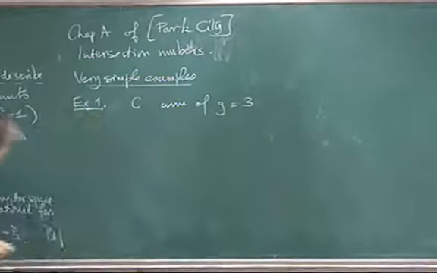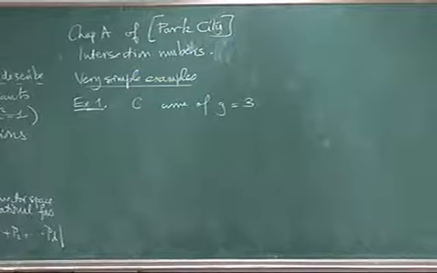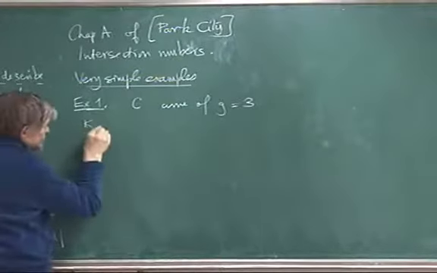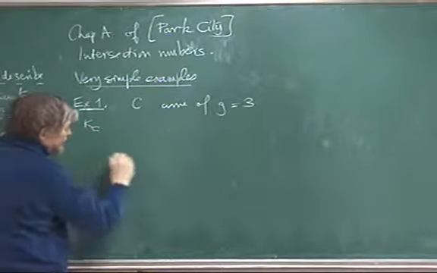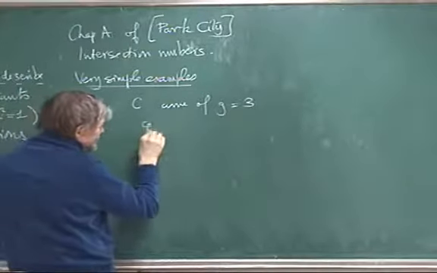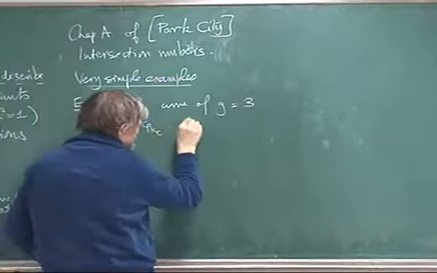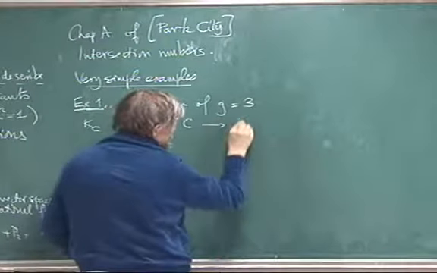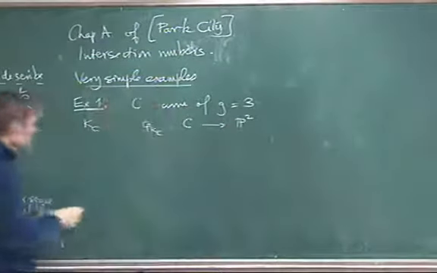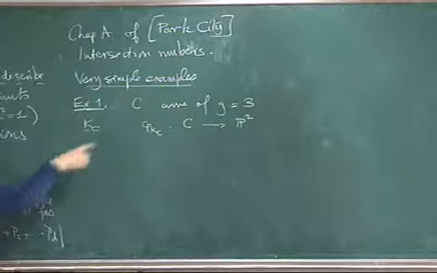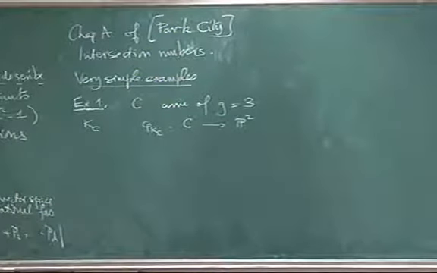And we're going to look at the canonical class and the map phi_KC from C to P2, which it defines. As I said, I hope everybody remembers Riemann-Roch on a curve.